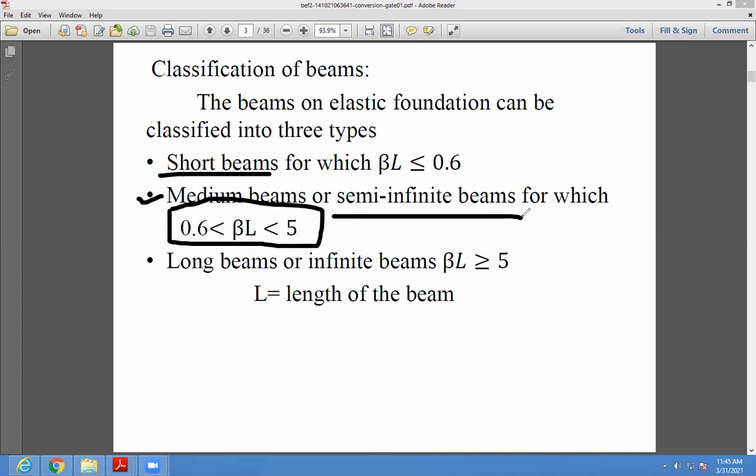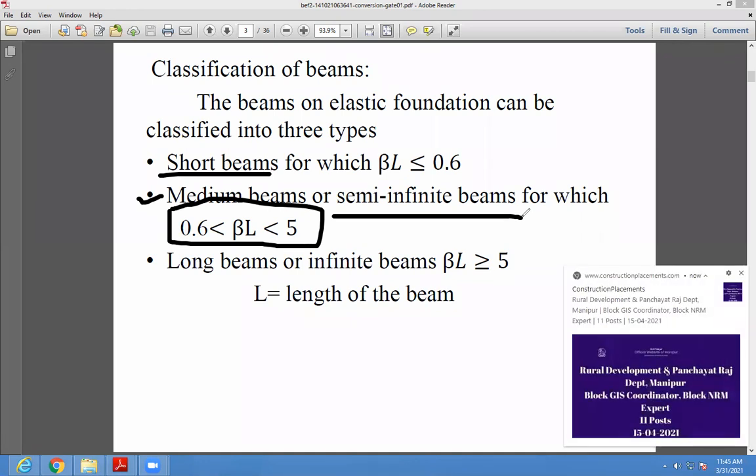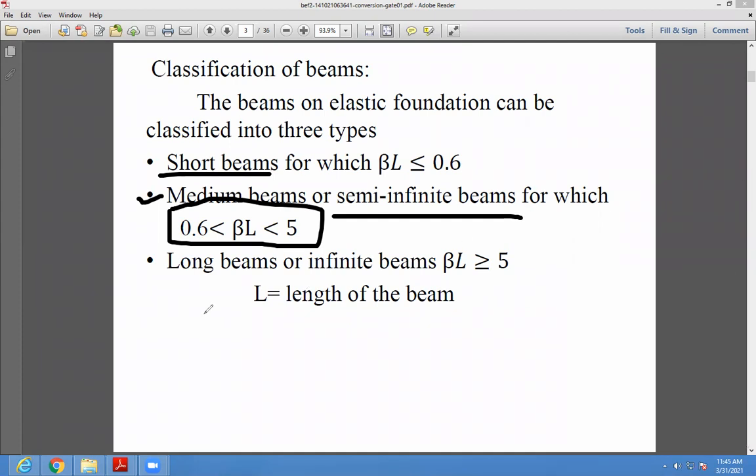It is called a semi-infinite beam on elastic foundation when the beta L ratio is greater than 0.6 and less than 5. And last, long beams or infinite beams, where beta L is greater than or equal to 5, with L being the length of the beam.